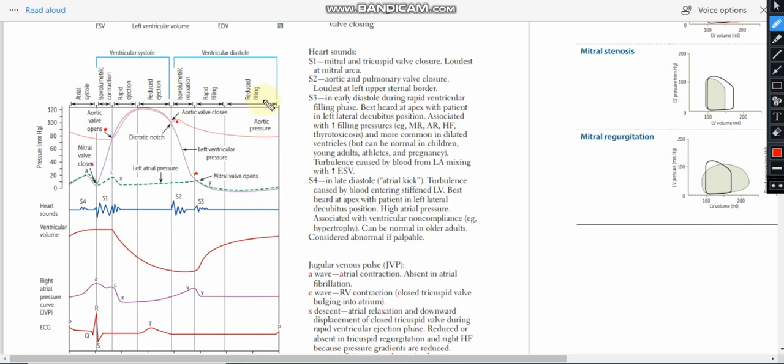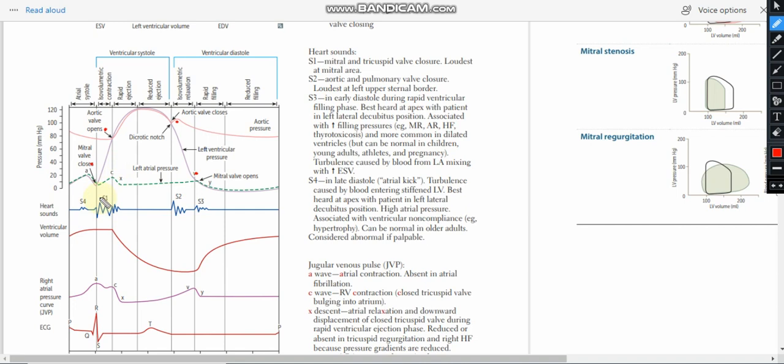Now you know that S1 is produced because of what? Whenever the mitral valve closes, there is S1. So we are drawing lines to represent the mitral valve closure and the aortic valve opening, and from this line the S1 will start.